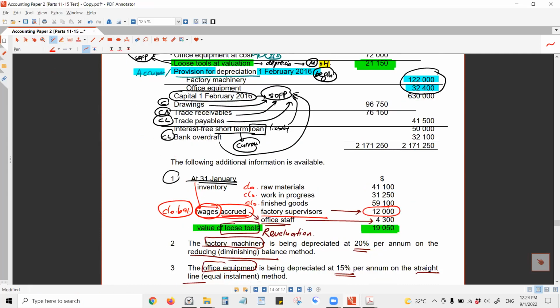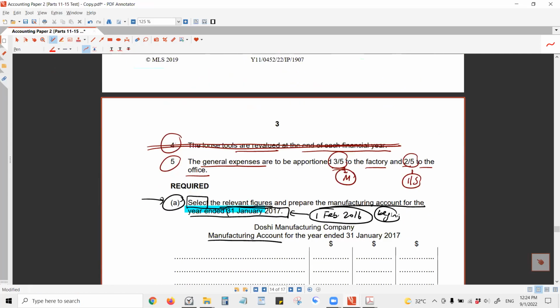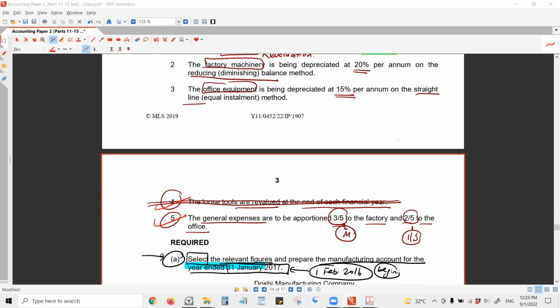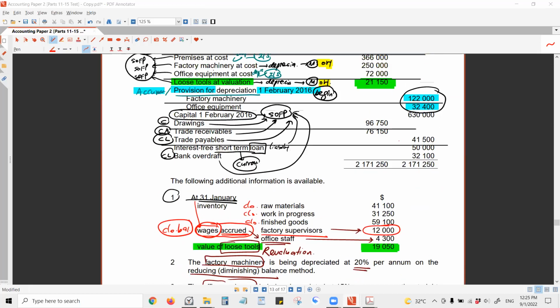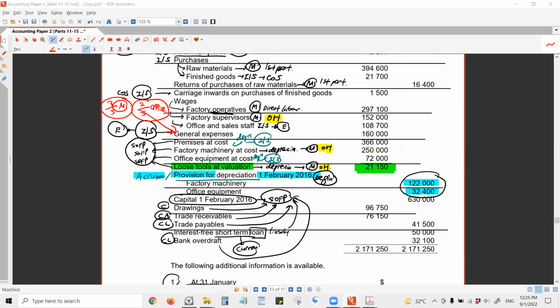Now we can start to write the answer. So info number 5, settle. Oh, what if we split it immediately? What do you mean split it immediately? 3/5, 2/5. I don't have to calculate it right now.